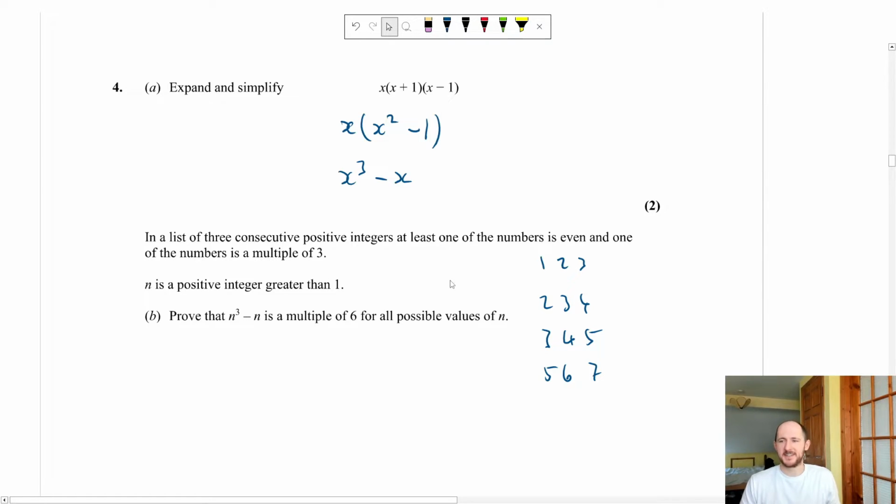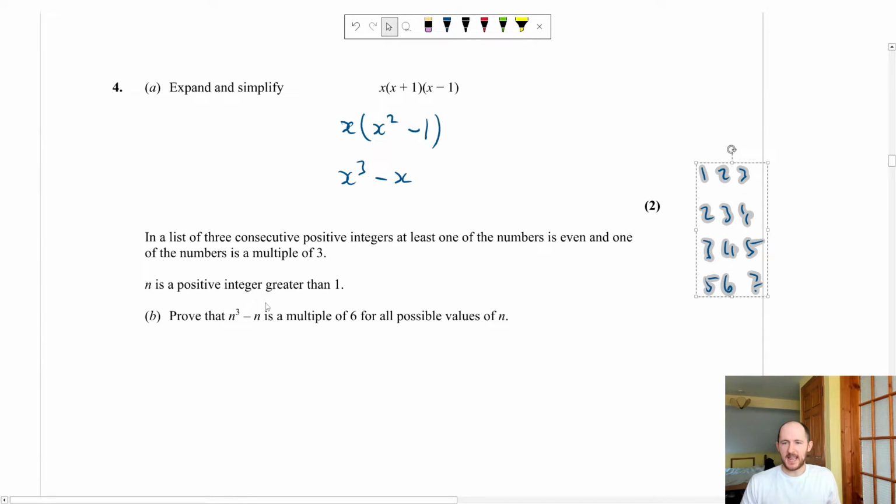That is somewhat fair. But now it says that n is a positive integer greater than 1. Okay? Prove that n cubed minus n is a multiple of 6 for all possible values of n. Now, if you notice, there is a link between part A and part B. These two things are the same.